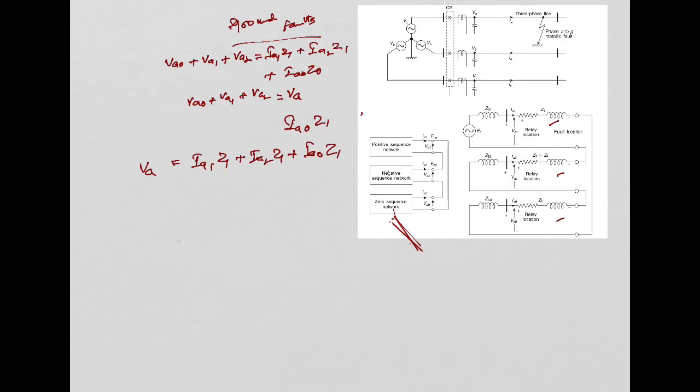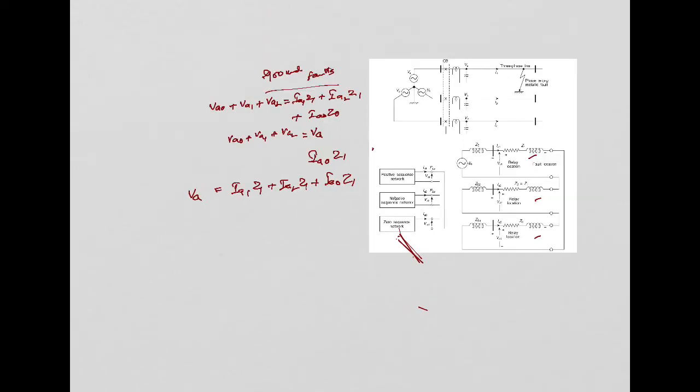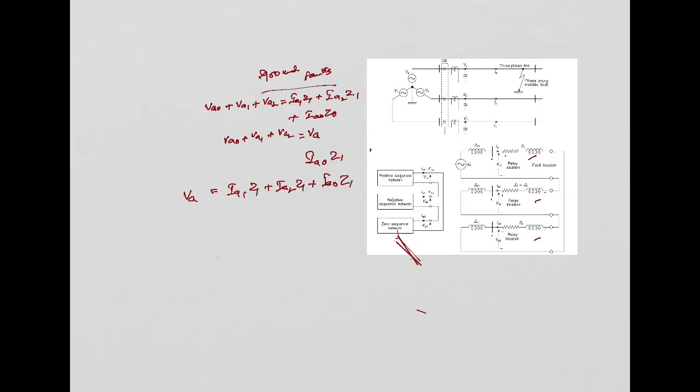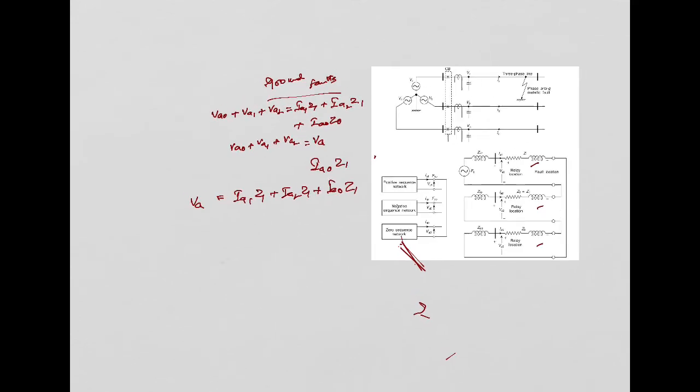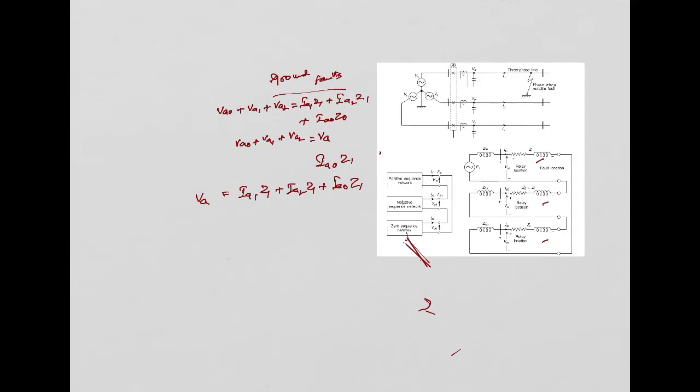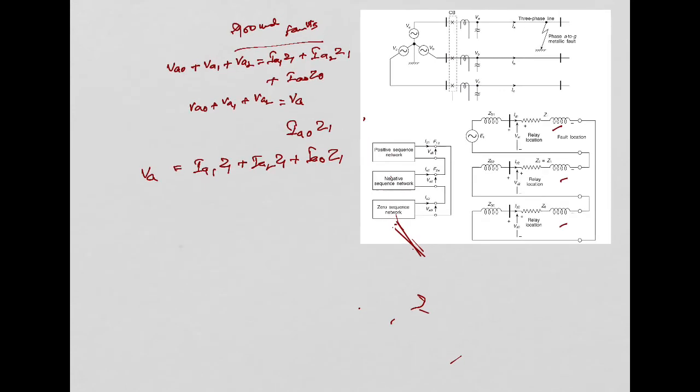Then we will have minus IA0 Z1 plus IA0 Z0.